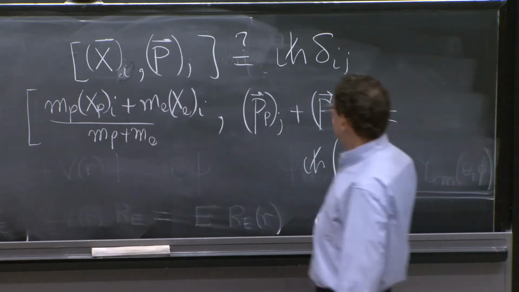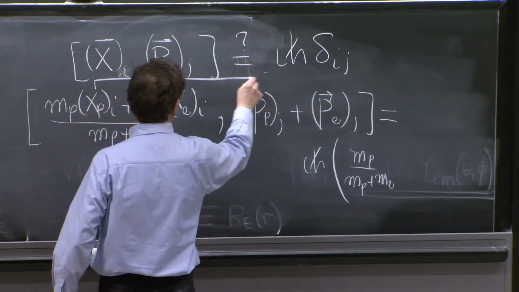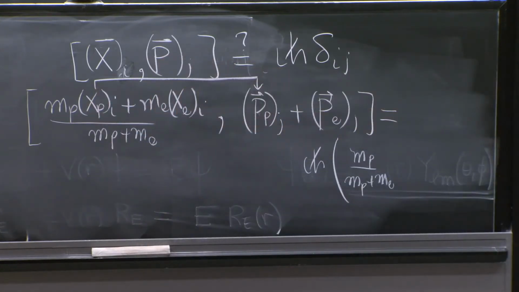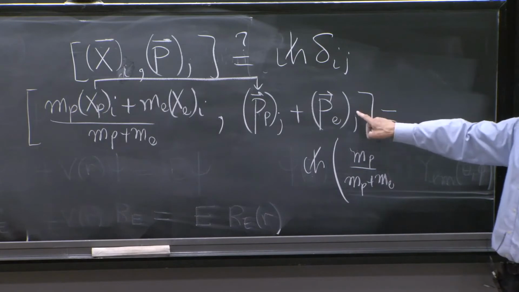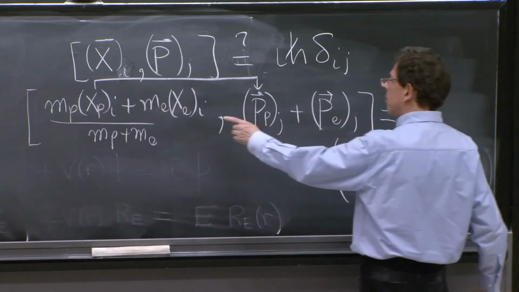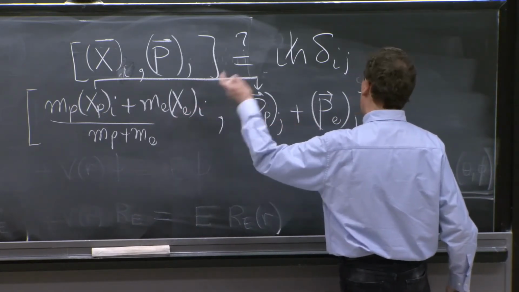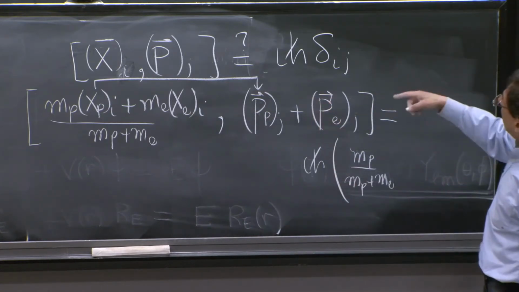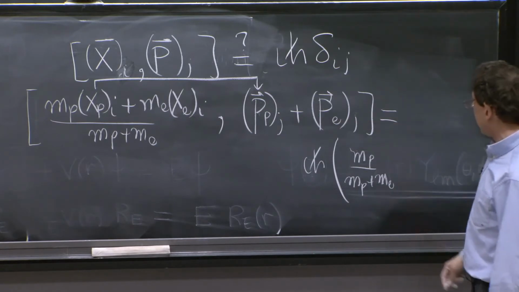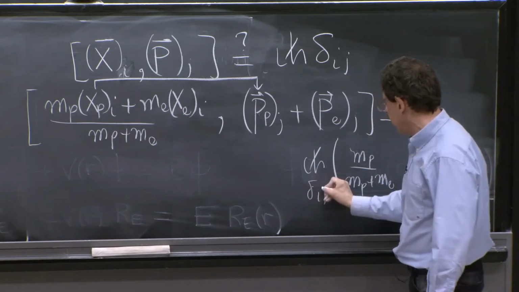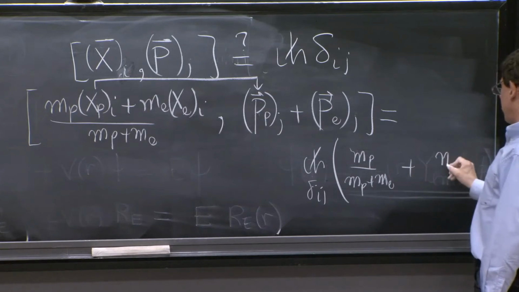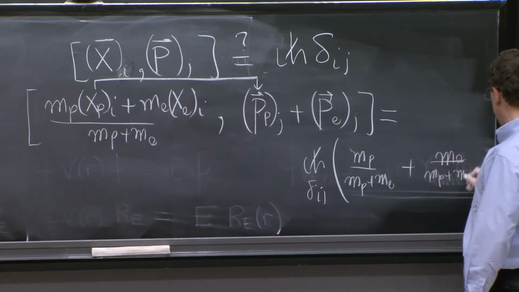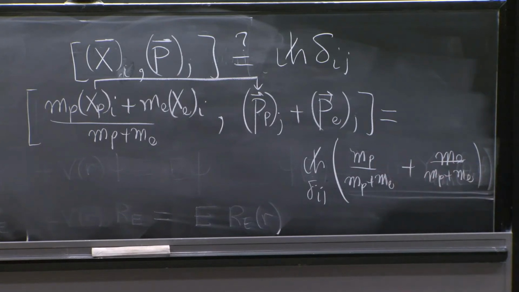So this contribution comes from the first term that only talks to the momentum of the proton, doesn't talk to the momentum of the electron. And the second term for the coordinate of the electron only talks to the momentum of the electron, and it does give you an i h bar delta_ij, but this time will be with an M_E over M_P plus M_E, and this factor is equal to 1.